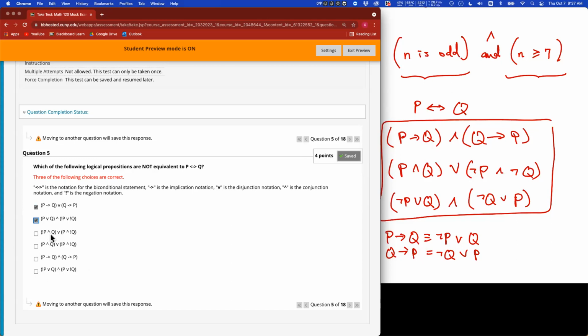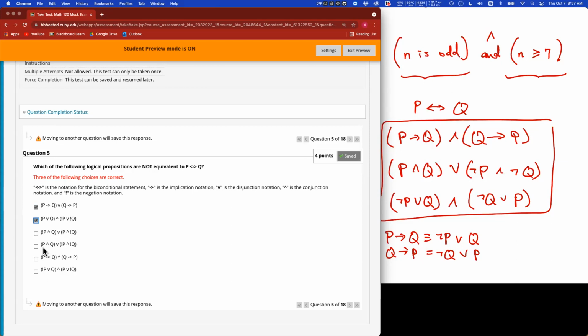Okay, and the next one you have not P and Q or P and not Q. If you look at that, you might not know if this one is true. So let's leave it there for now.